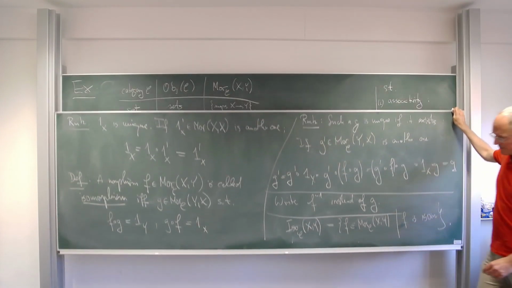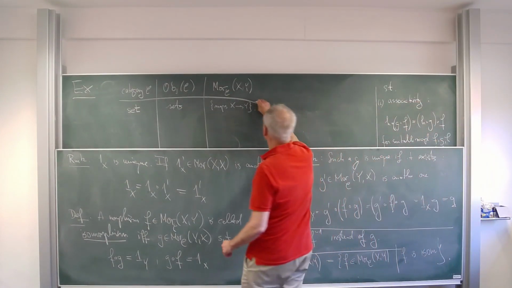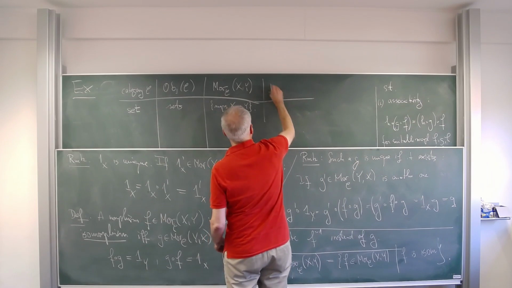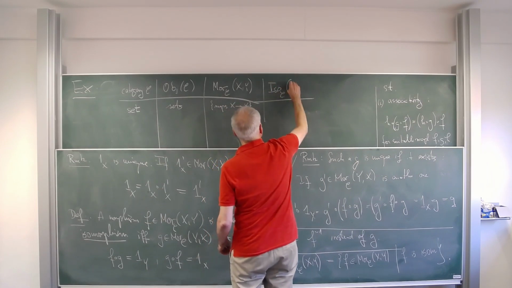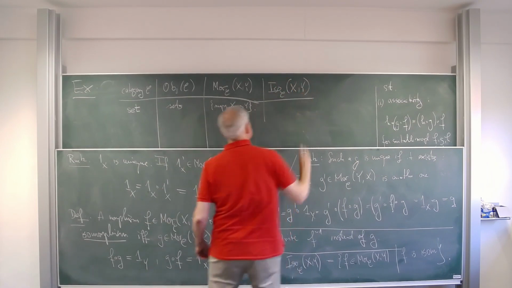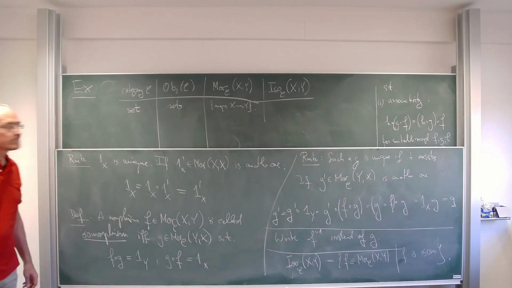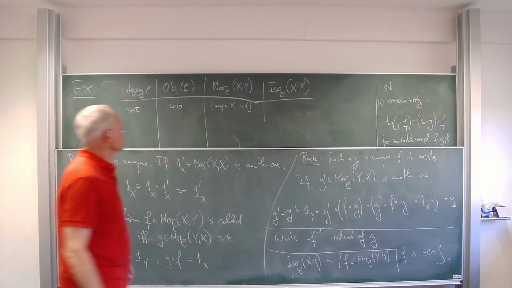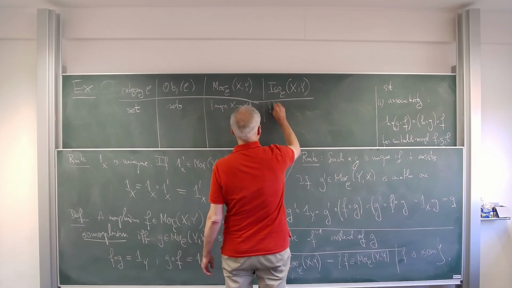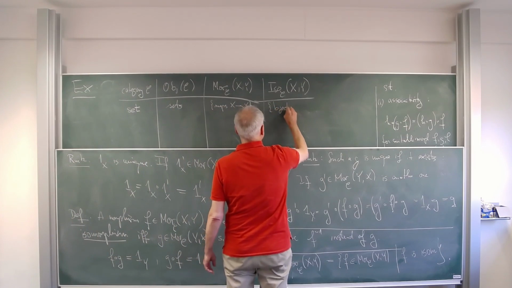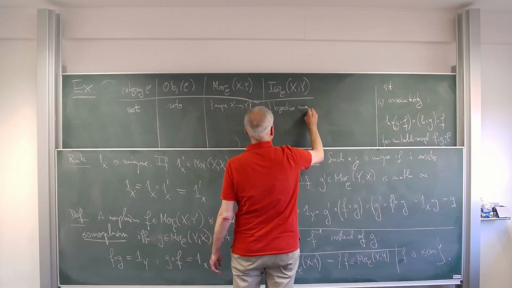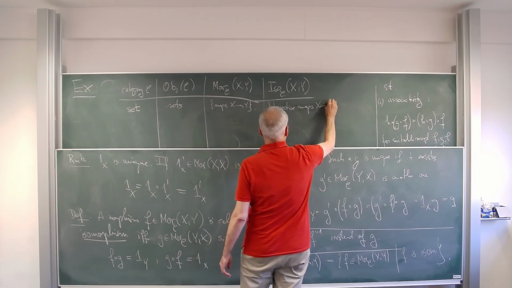And then, what are the isomorphisms in this category? Exactly. Bijective maps from x to y.